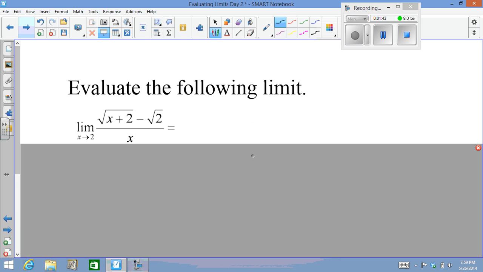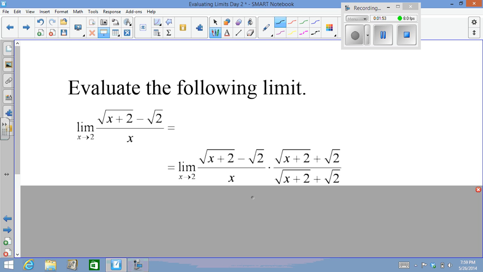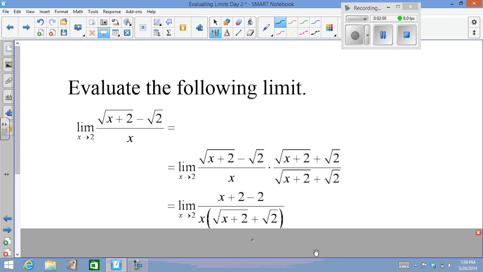We're going to rationalize by multiplying the top and the bottom by the conjugate. The conjugate is the square root of x plus 2 minus 2, the square root of 2. So I'm going to multiply the top and the bottom by that. So I'm going to have to FOIL. When I FOIL, I'm going to end up with x plus 2. The x plus 2 comes from this.